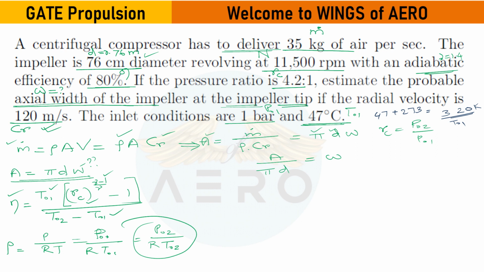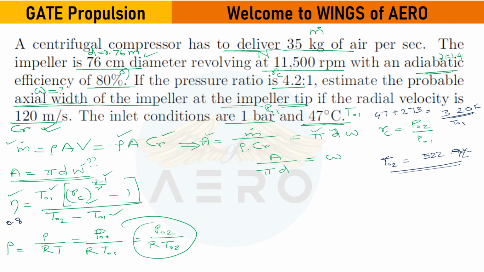And when you're substituting here, it should not be 80, it should be 0.8. Yes, that's the answer. T02 is around 522 point some fraction, 522.72. Yes, 72. Okay.